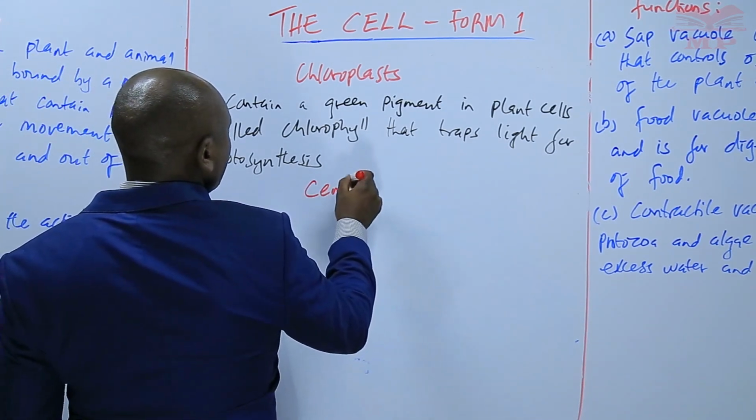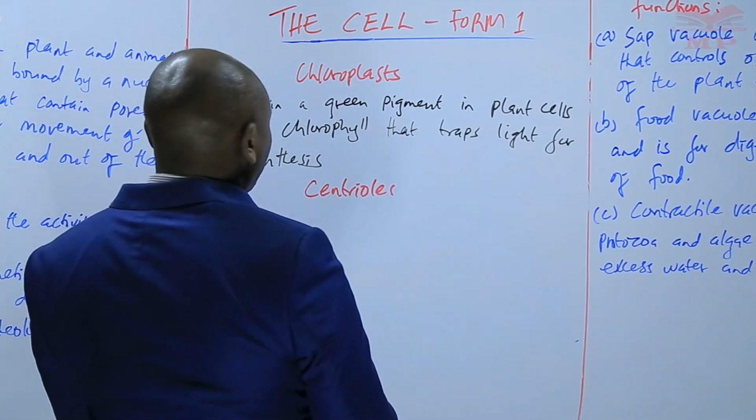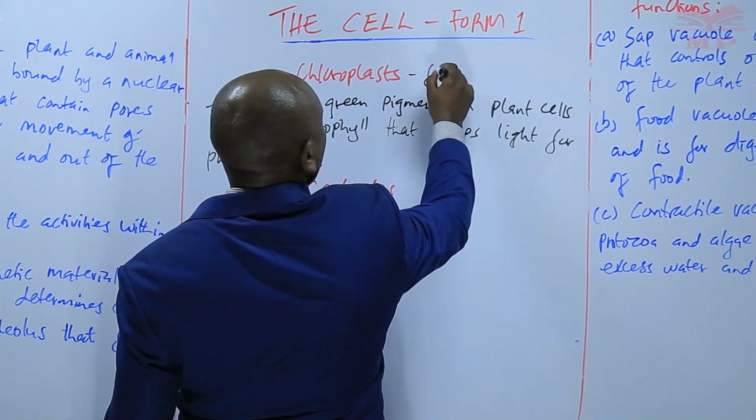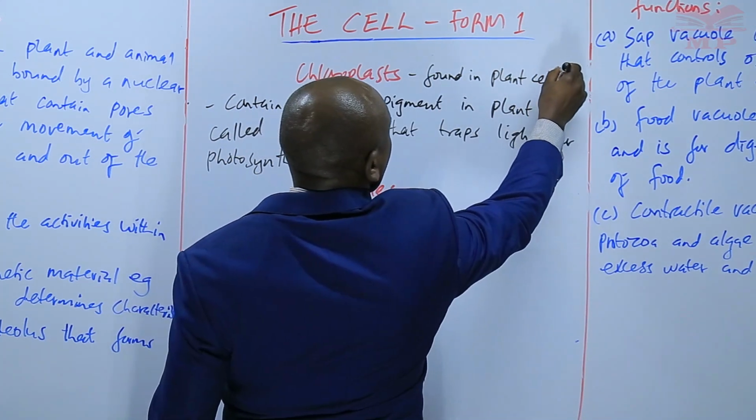We have the centrioles. Just to mention before we proceed, chloroplasts are found in plant cells only.